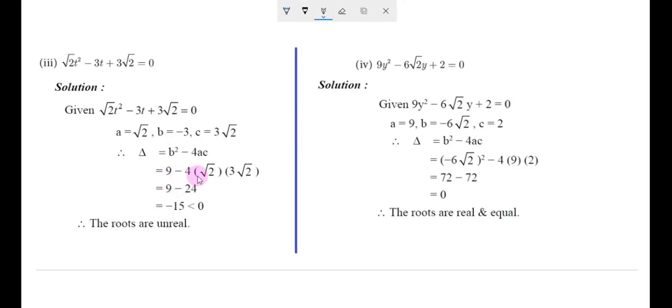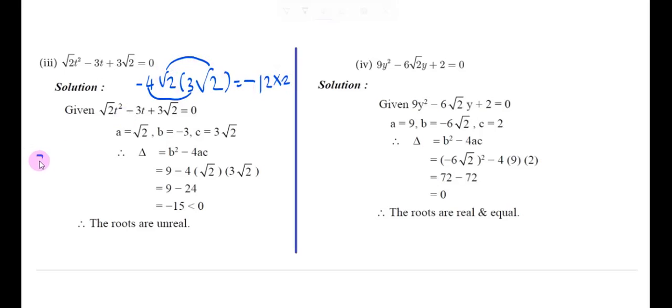Then 9 minus 4ac, so minus 4 root 2 into 3 root 2, that is minus 4 into 3, 12, root 2 into root 2 is 2. So minus 12 into 2, 24. So here we get minus 24. Understood?